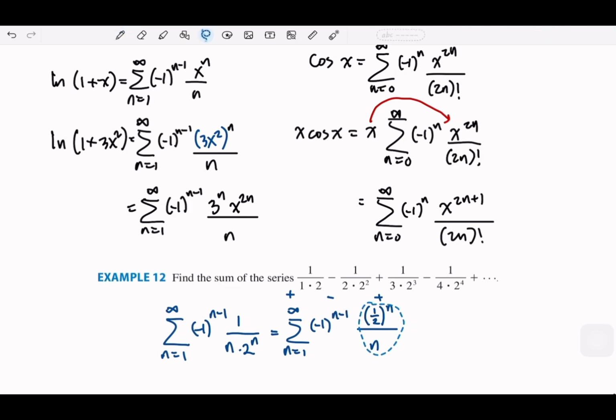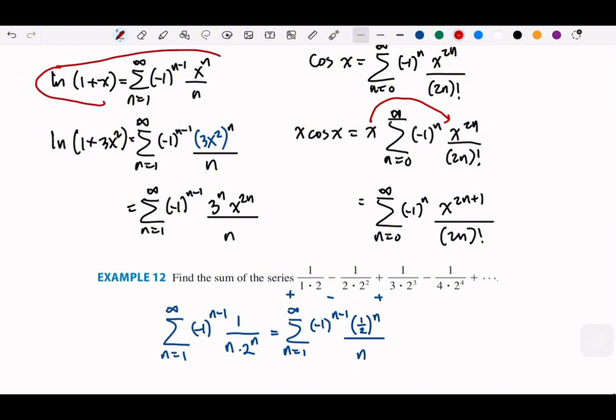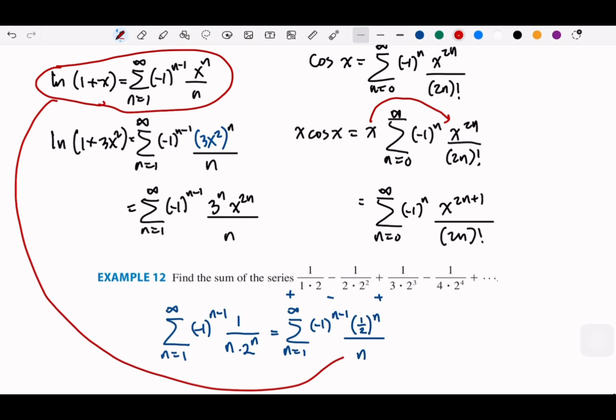This is very much aligned with this, right? Same form, right? The difference is half, which means that we can first bring this back into the ln and exchange x with 1 over 2, which gives you ln 3 over 2.